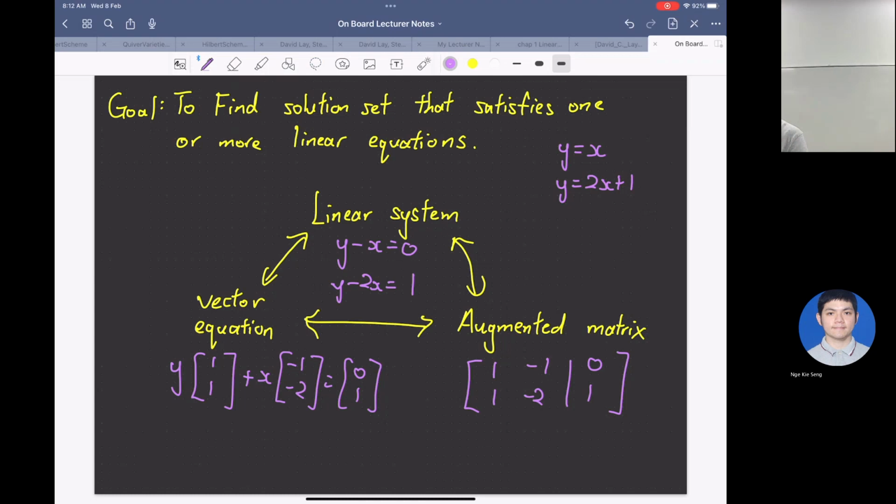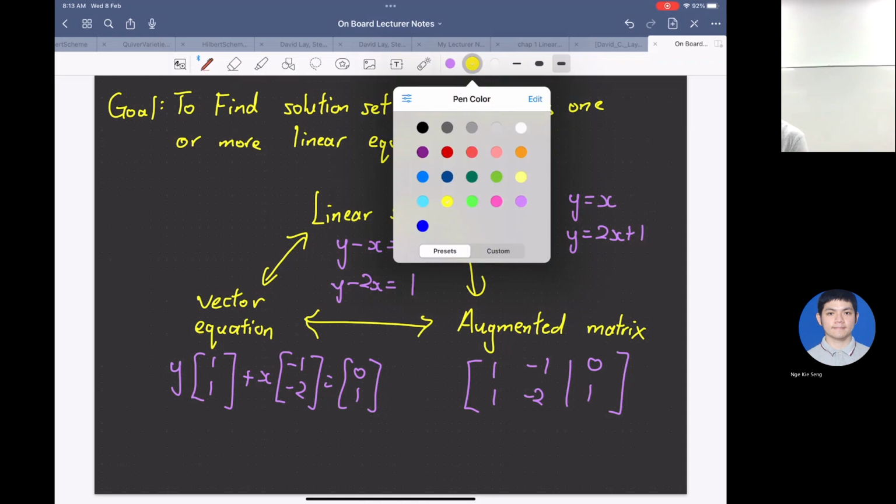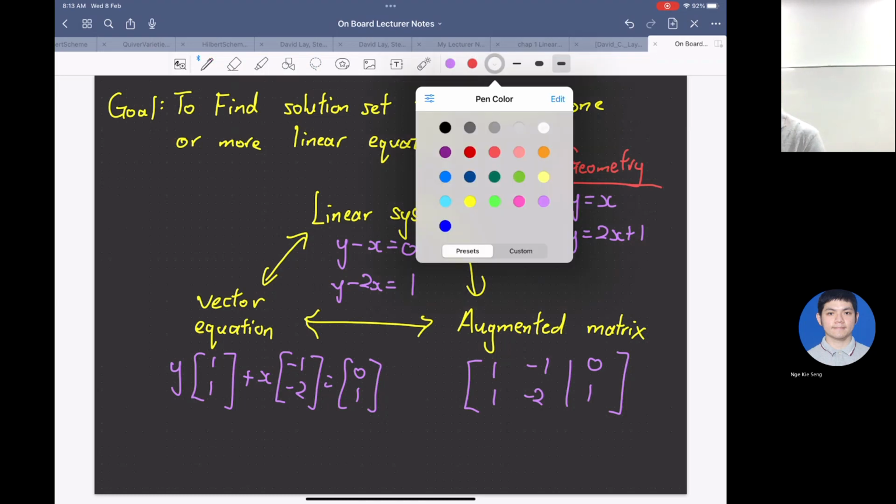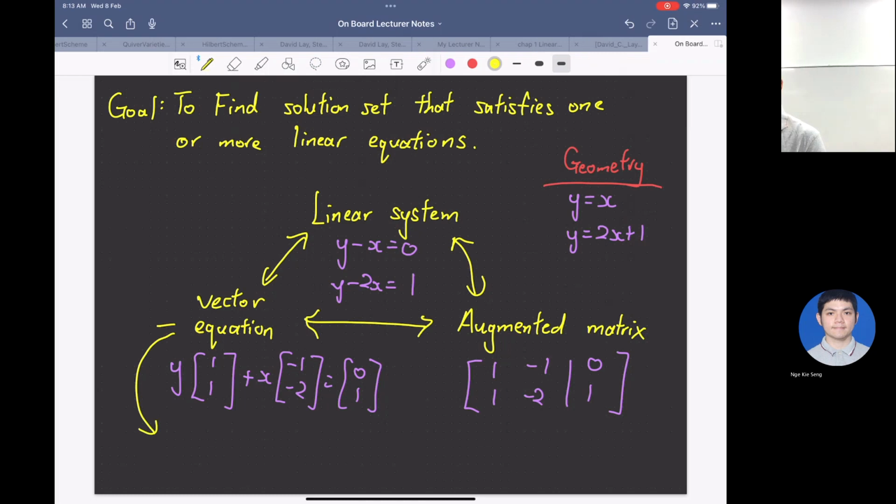Imagine there's another geometry here. And yesterday we stopped at the matrix equation. We define the matrix vector product to be this linear combination.